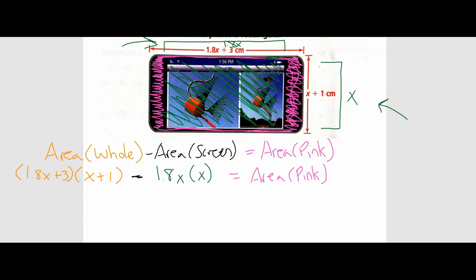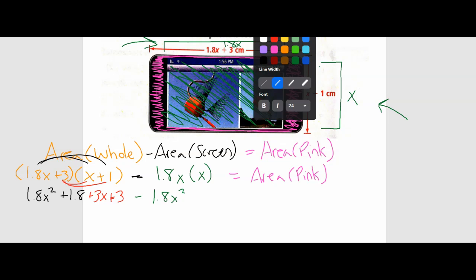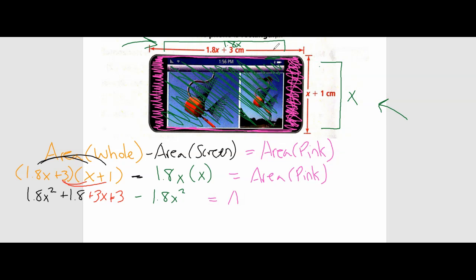Okay, so if I simplify the orange, right, if I do my distributing, I'm going to get 1.8x squared plus 1.8. Then I've got to distribute the 3. That's going to give me plus 3x plus 3. 1.8x times x, 1.8x squared. Of course, this stays the same.